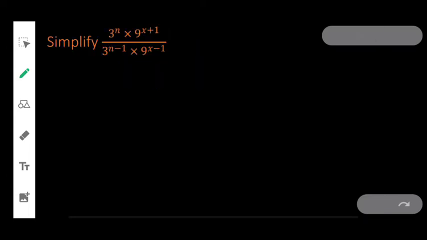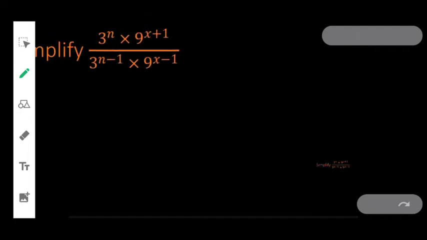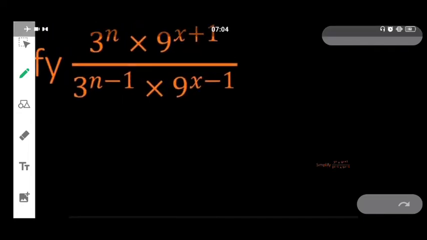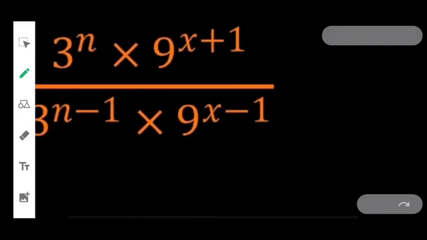Moving to the next question: simplify 3 to the power n into 9 to the power n plus 1, by 3 to the power n minus 1 into 9 to the power n minus 1. Sorry, this one is not x, this is n.